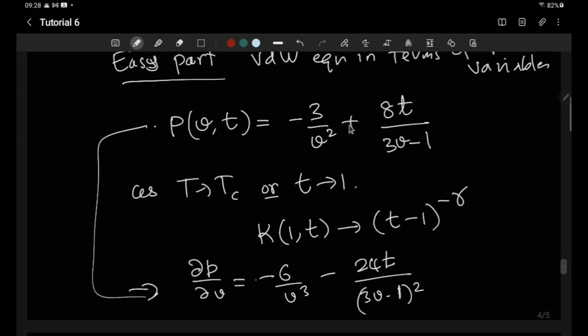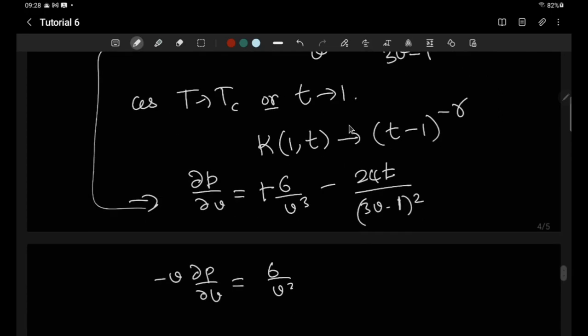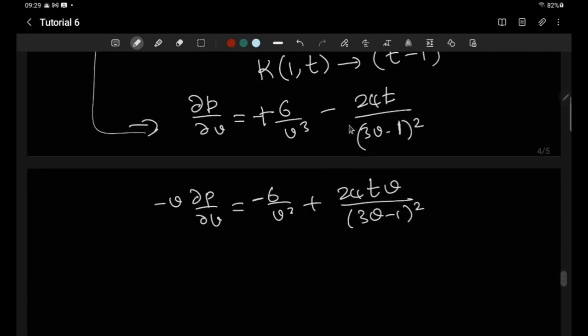Did I mess up a sign here? Yeah, I did. Okay, let us just go ahead and set t equal to 1.